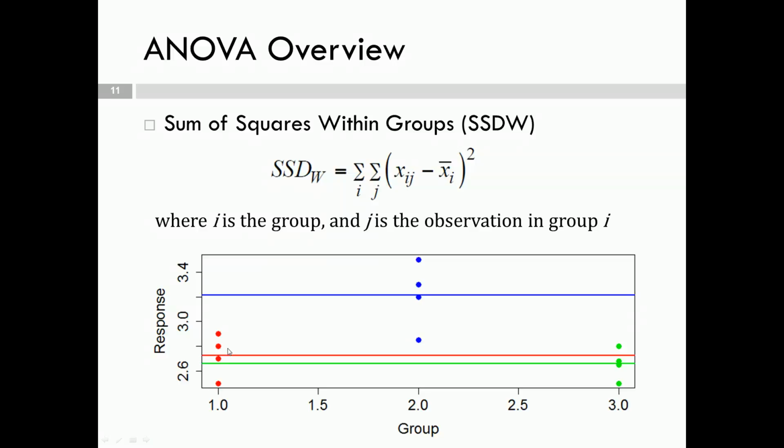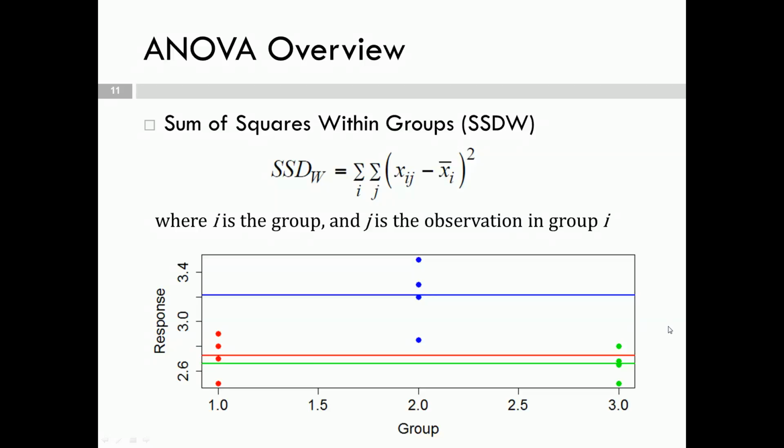It's not so clear that there's a difference between the red group, group 1, and the green group over here, group 3. We would need to do a separate test, and I'll show you how to do that in just a minute, to see if there is a difference between red and green, red and blue, and green and blue.